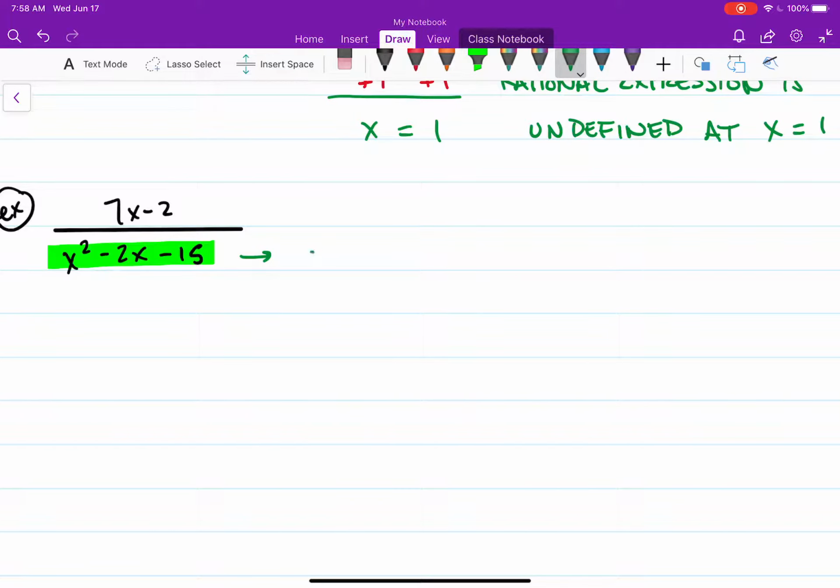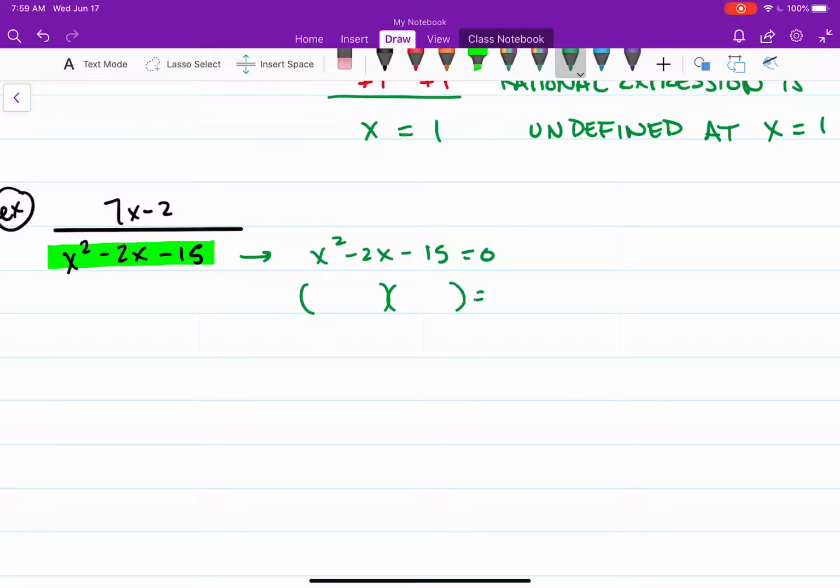So in this case, I focus on just the denominator. So I say, okay, I've got x squared minus 2x minus 15 equal to 0. All right, well, how do I do this? Well, we just did these problems. These are called quadratic equations, where I had to factor the non-zero side.